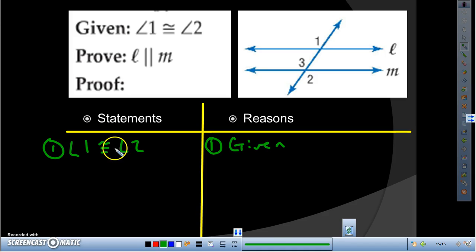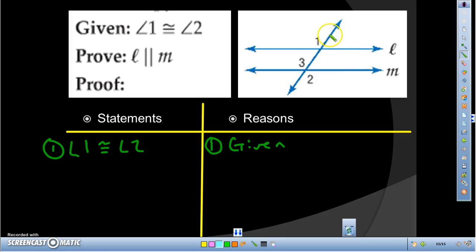Okay, so angle 1 is congruent to angle 2 doesn't really tell me anything by itself. So I'm moving away from that to what do I know looking at the figure about angles 1 and 2. Is there anything else special about those angles? Do I know their measurements? Is there some sort of special relationship? Anything that could possibly help me get to where I want to go, which is that these two lines are parallel.